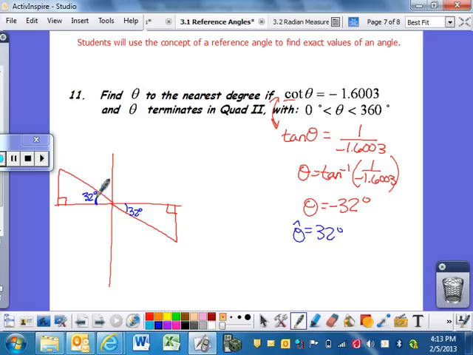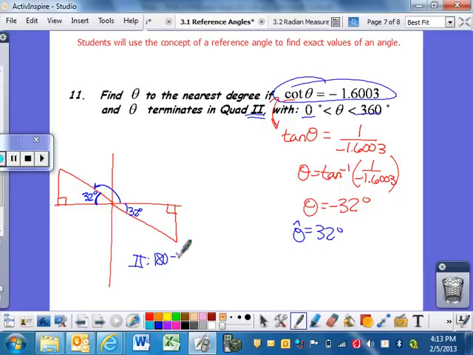Now I'm only asking for quadrant 2, but I'm going to try to branch out. What are my two angles between 0 and 360 that will make this original equation true? I need to figure this out. From start to just the quadrant 2 one, I'm now 32 degrees short of 180. So I'm going to denote it as quadrant 2.